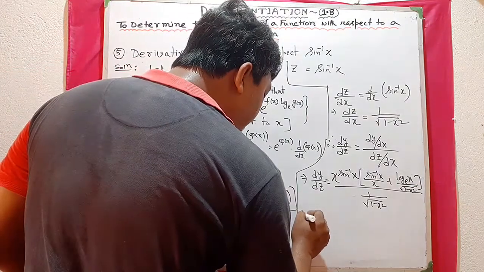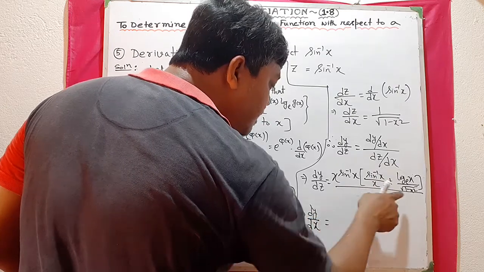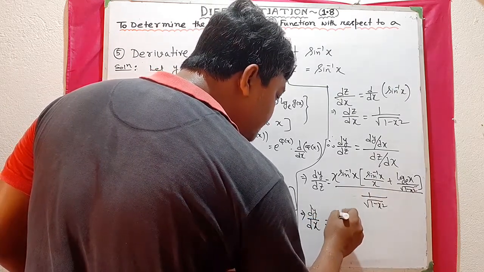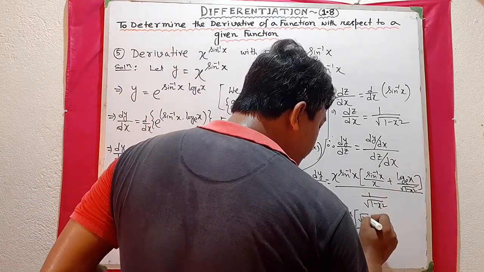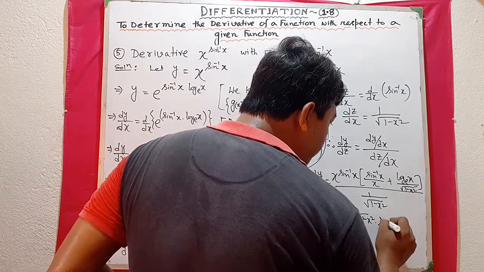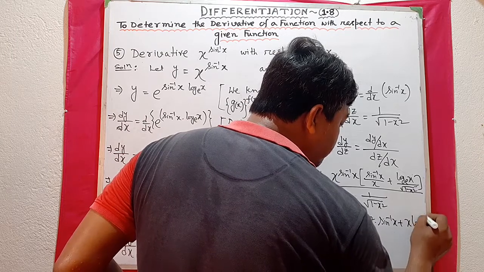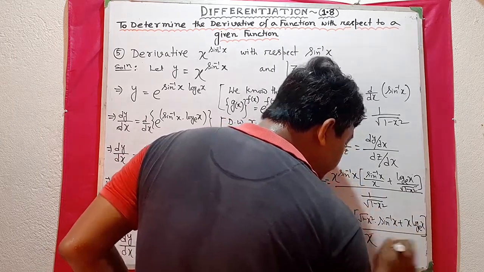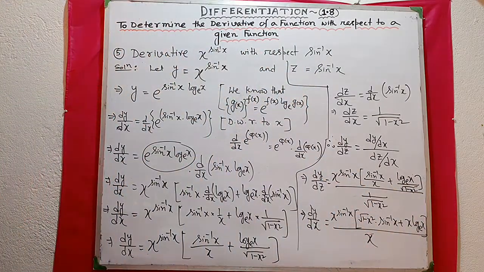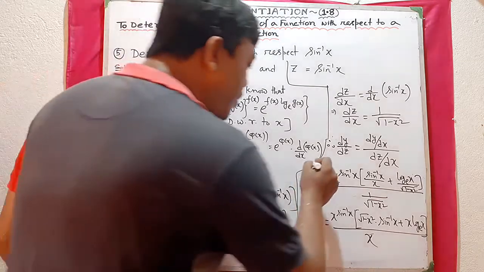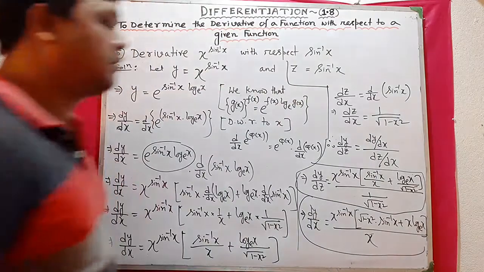আমি একেবারে রিকোয়ার্ড আনসারটা লিখে দিচ্ছি, তোমরা এইটাও লিখে দিতে পারো, বা একেবারে স্কয়ার রুট অফ x sin inverse x square root of 1 minus x square into sin inverse x plus x log x base e by x, কারণ একটা স্কয়ার রুট অফ 1 minus x square এটা ক্যান্সেল হয়ে যাবে, শুধু x থাকবে। দ্যাট ইজ আওয়ার রিকোয়ার্ড আনসার। আরেকটা সিম্পলিফিকেশন, হয় এটাকে তোমরা আনসার হিসেবে ধরতে পারো বা এটাকেও ধরতে পারো। ক্লিয়ার?